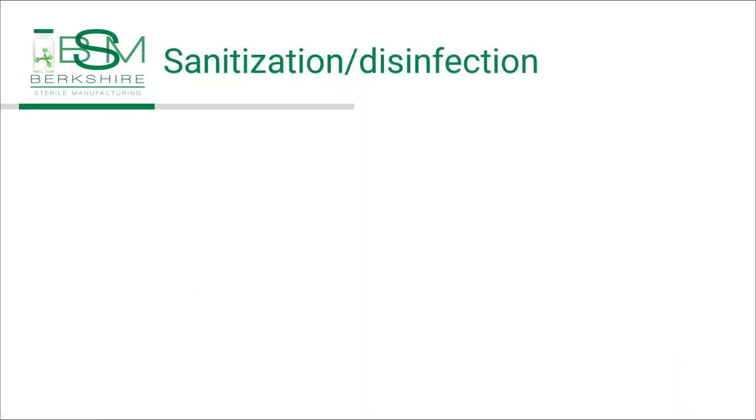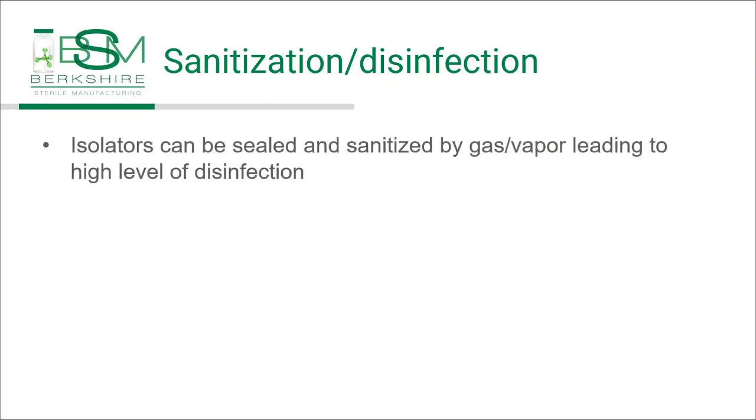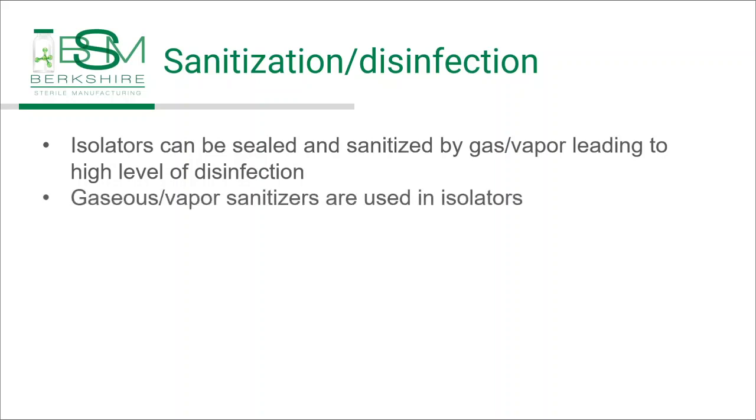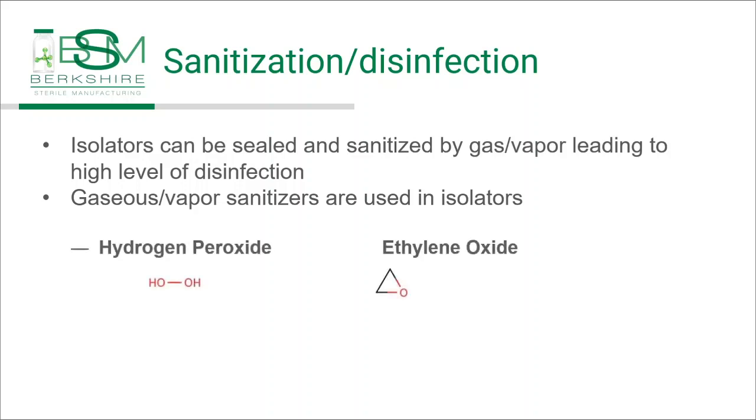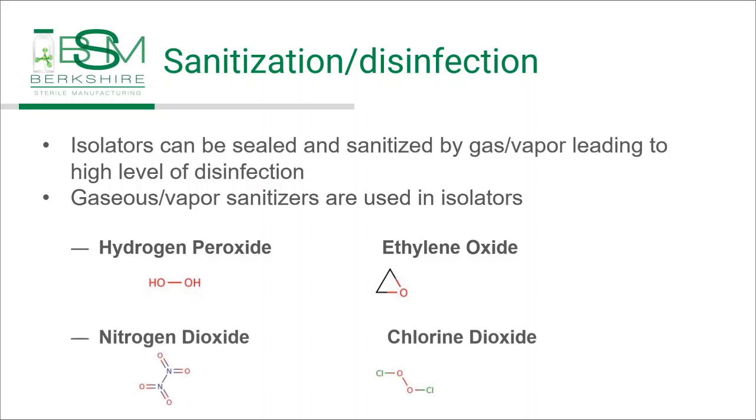Now let's talk about sanitization and disinfection in isolators. Isolators can be sealed and sanitized by a gas or a vapor, leading to a very high level of disinfection. Gaseous vapor sanitizers are used in isolators. Here are some of the sanitizers that we currently use: hydrogen peroxide, ethylene oxide, nitrogen dioxide, and chlorine dioxide.